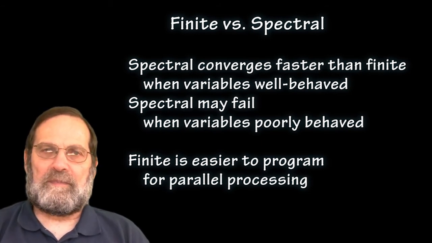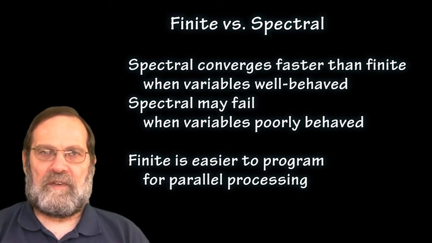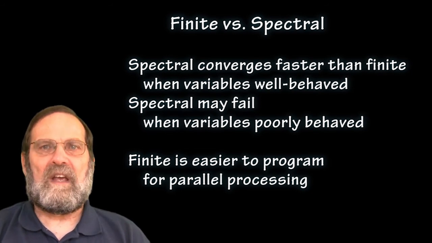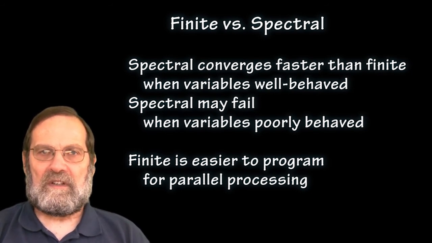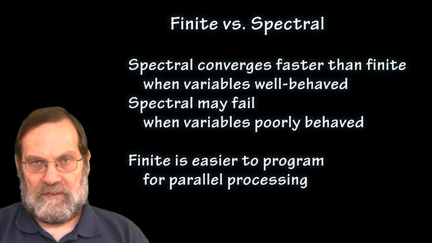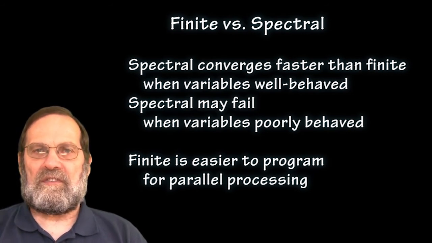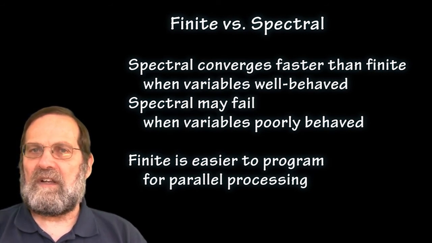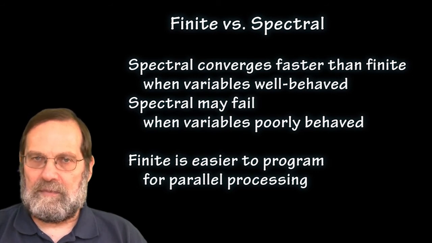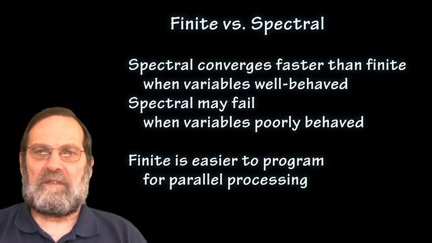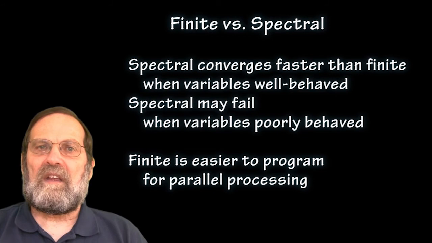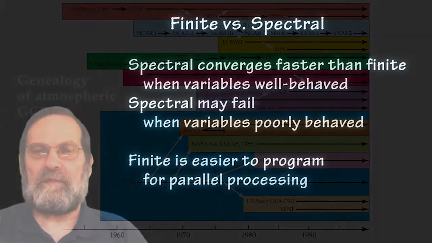On the other hand, spectral methods may fail when the dependent variables become poorly behaved, as is the case with liquid water and clouds and surface topography. Moreover, distributing calculations over a cluster of computers, parallel processing, is often more difficult for spectral methods than for finite difference ones.